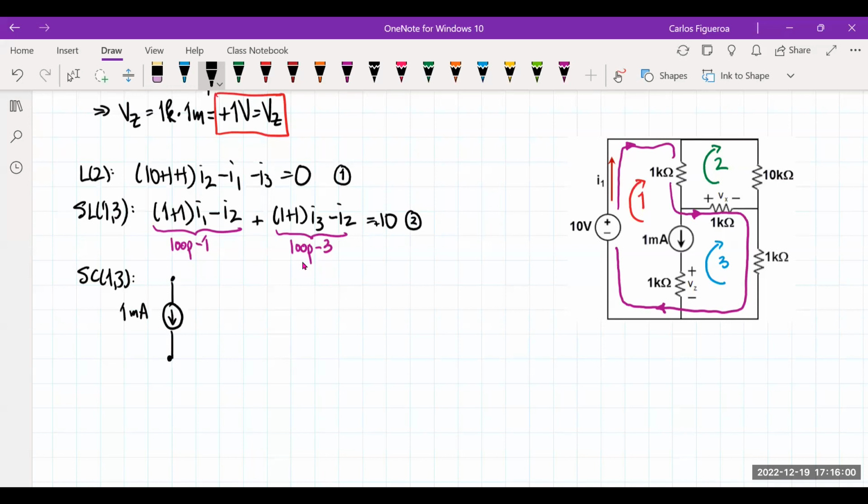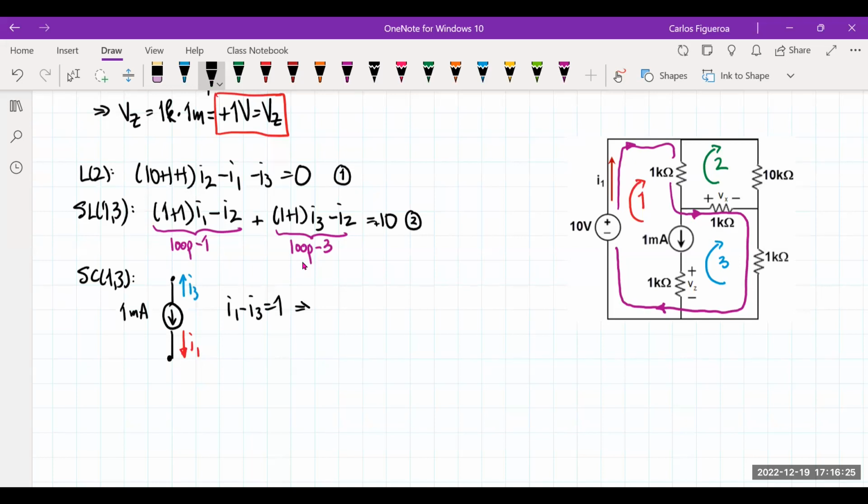So then I see here that I have 2 currents. I have a current going down, which is I1, and a current going up, which is I3. The current source is going down. So this tells me that this should be I1 minus I3 equals 1.